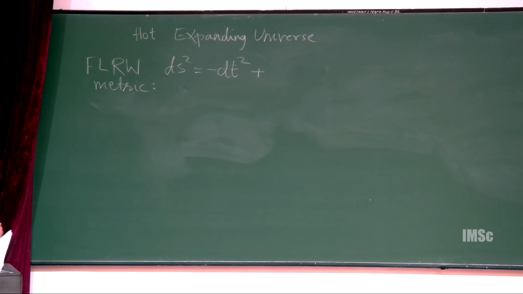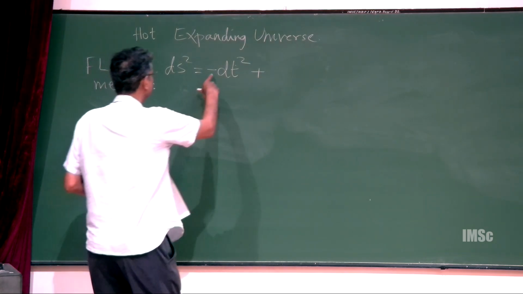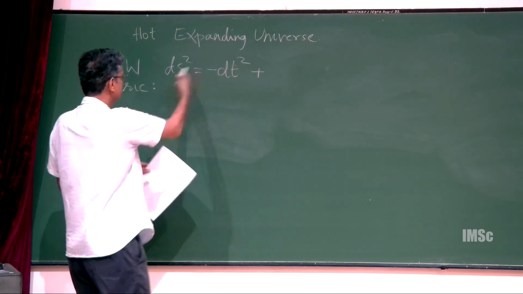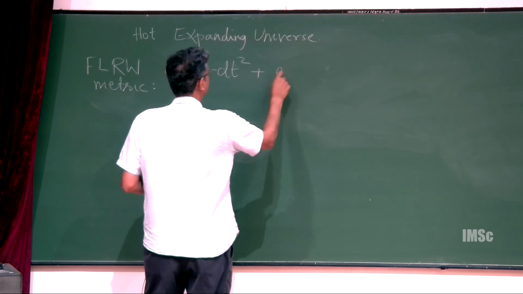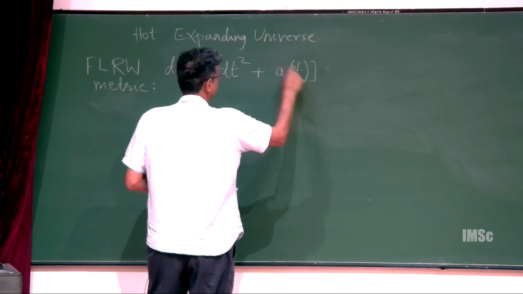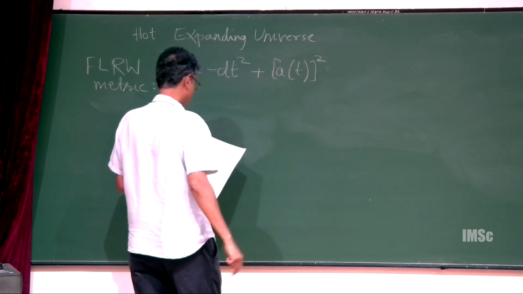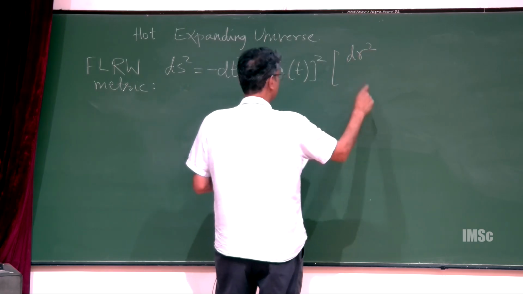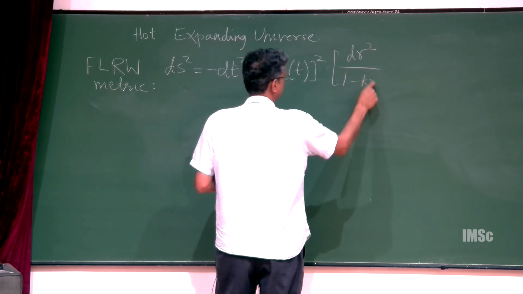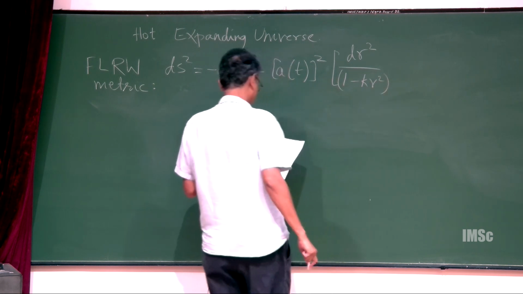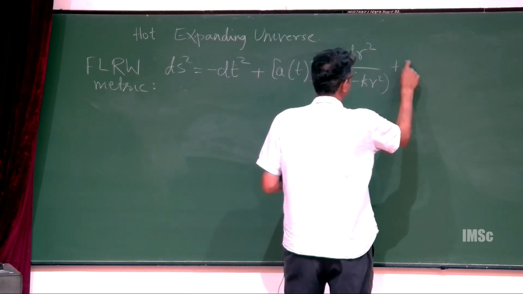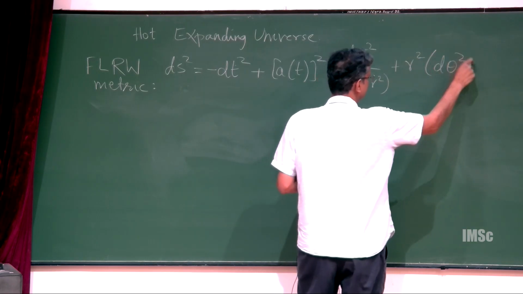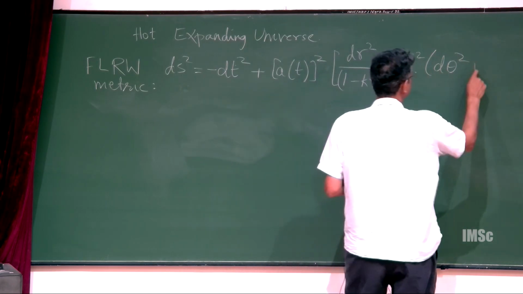Okay, good, that's almost everybody. So the metric will characterize space-time. So let's just write down what kind of a metric that we are going to consider. This is, by the way, standard cosmology. If you go outside of this, you're doing non-standard cosmology. And we will certainly stick to standard cosmology.